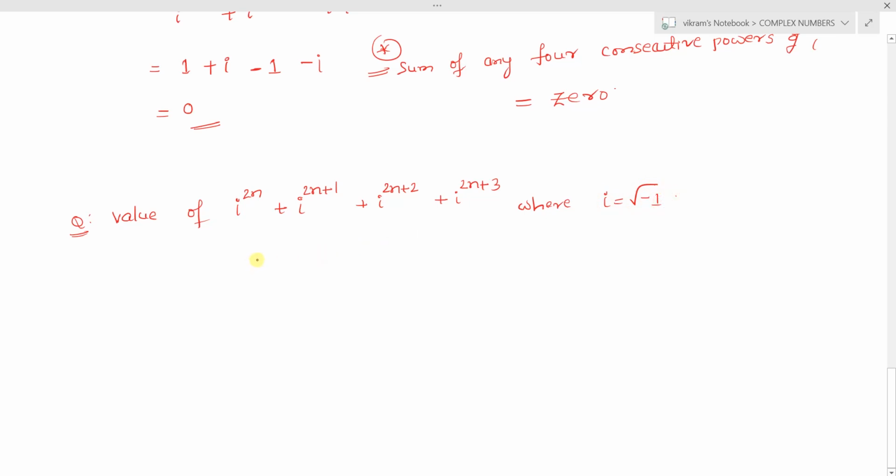Without any doubt, he is asking for the sum of 4 consecutive powers of iota. Simply the resultant is 0. The sum of 4 consecutive powers of iota is always 0.